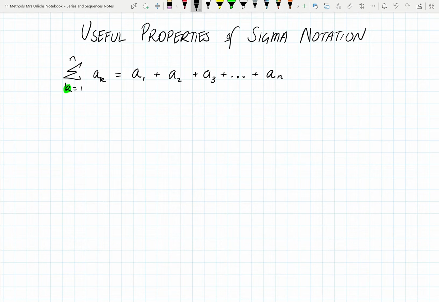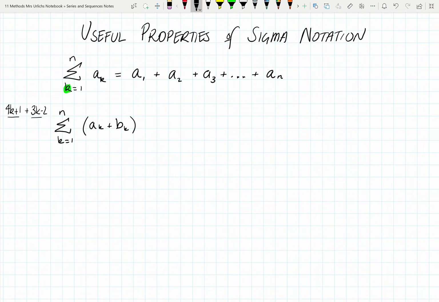So the first property that we're going to have a look at is the sum from k equals 1 to n of ak plus bk. So what this means is we've got two terms involving k. So an example of this might be 4k plus 1 plus 3k minus 2.